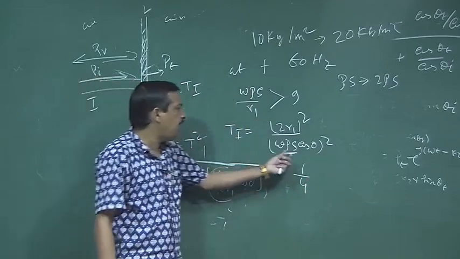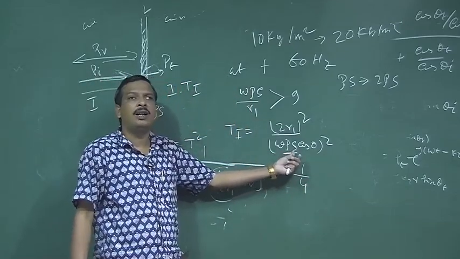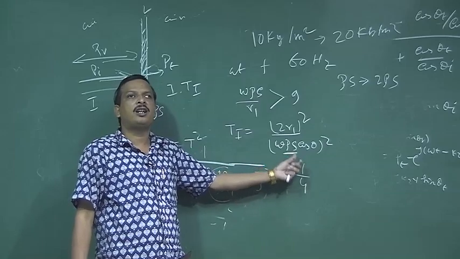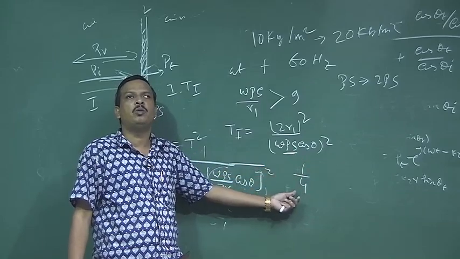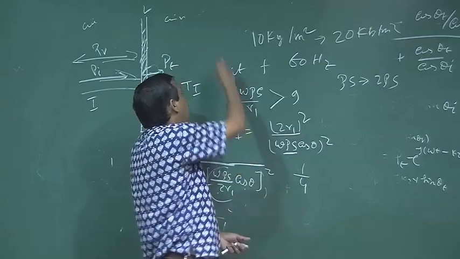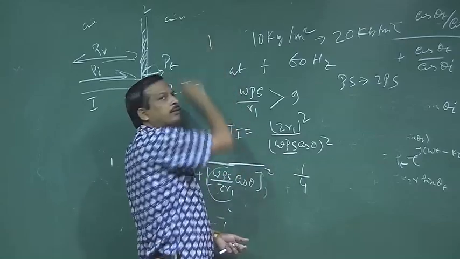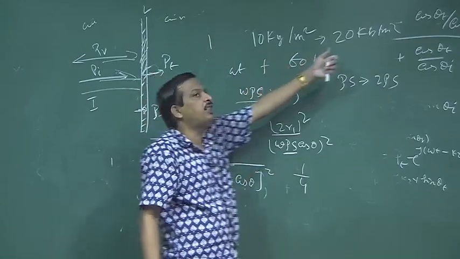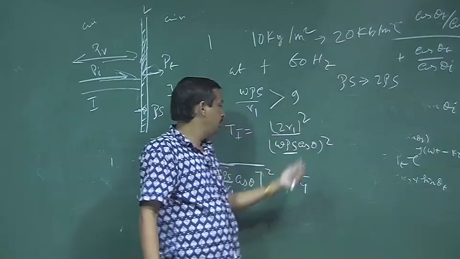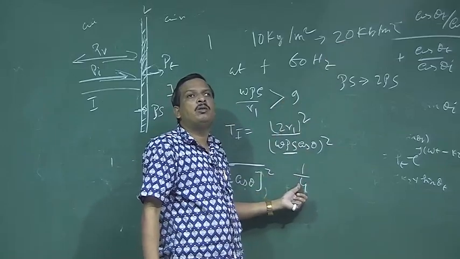So, every time I double the surface density, the transmission coefficient will be reduced by 1/4. So, instead of plywood, if I use glass, let the surface density be double, then it will be reduced by 1/4.